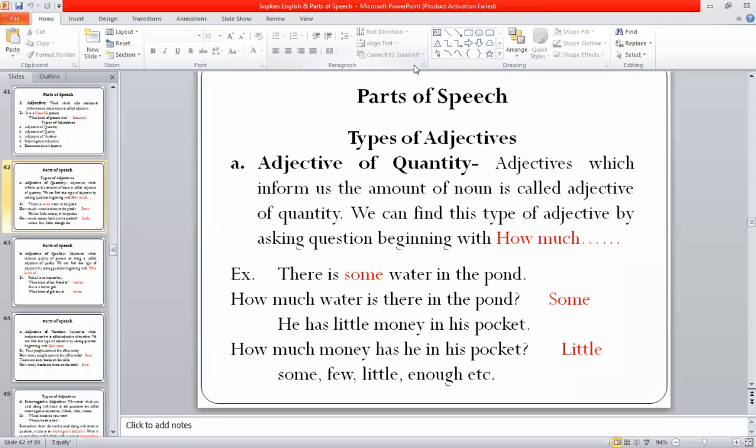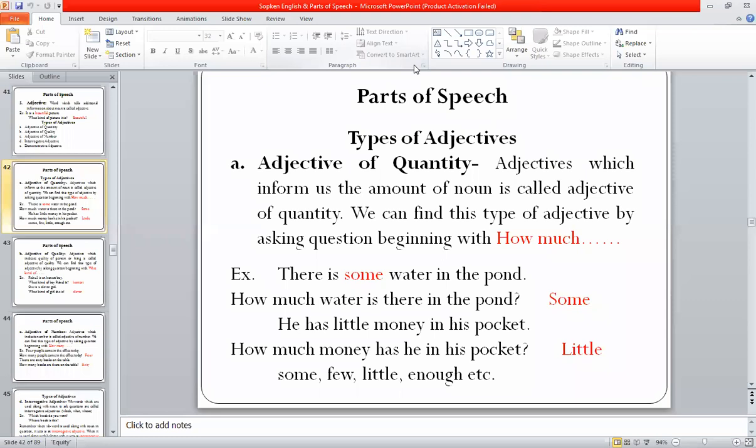Okay, so if we want to find this adjective in a sentence, then we just have to ask a question that begins with how much. Let's see its example. There is some water in the pond.